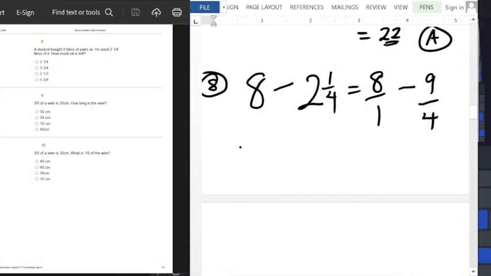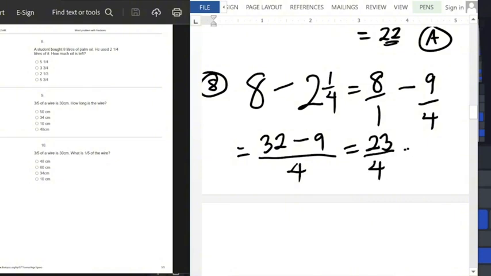So we'll find the LCM, which is 4. So 1 in 4 is 4, 4 times 8 is 32. Minus 4 in 4, 1, times 9 is 9. So when you subtract, we have 23 all over 4. So check it, that will be 5 whole number 3 over 4. That's option D.